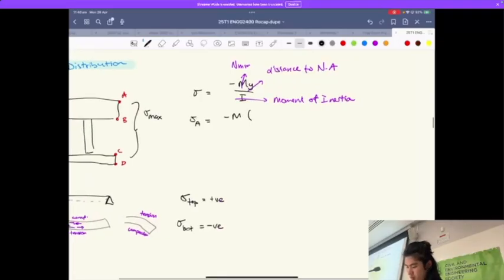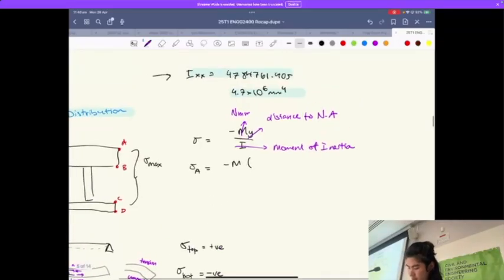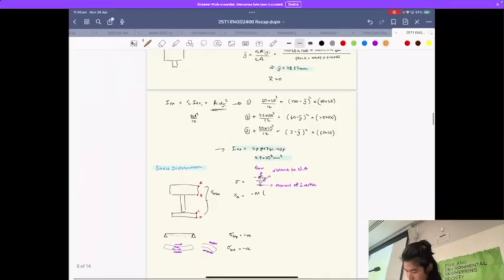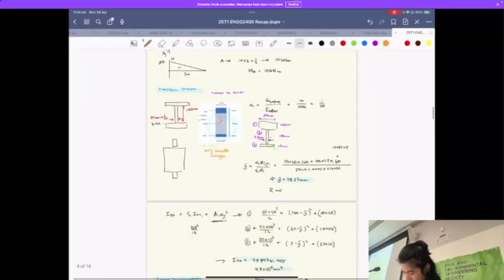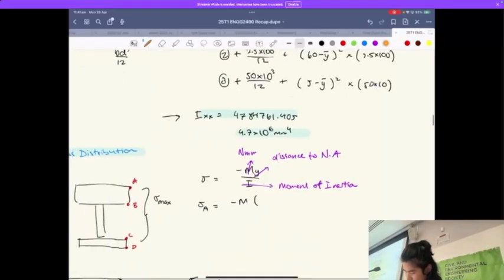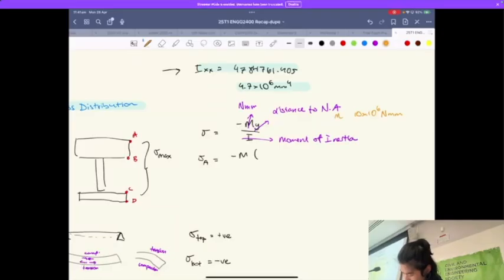Okay, so our M for all of our cases is going to be 10 times 10 to the power of 6 Newton millimeters. And your y can just be taken from the position, so it'll be y minus y bar.